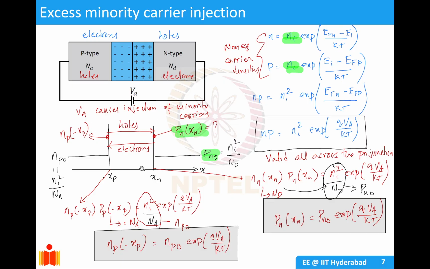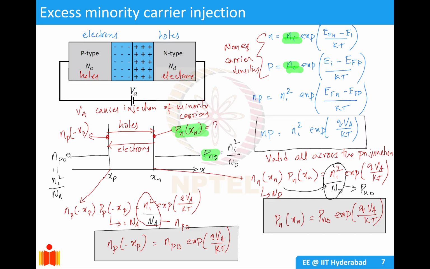This is how you draw your carrier dynamics with respect to length. In the depletion region, the carriers are depleted, so don't draw any carriers in the depletion region.